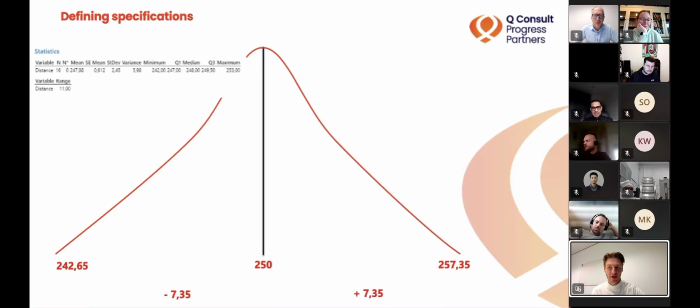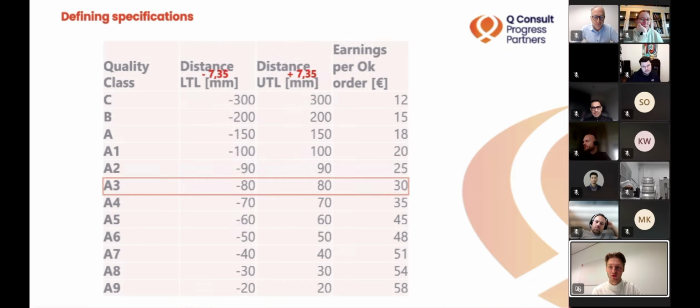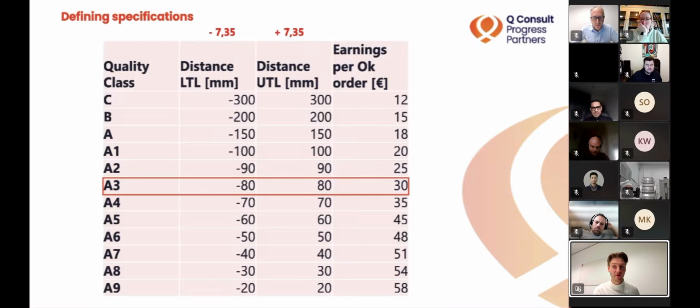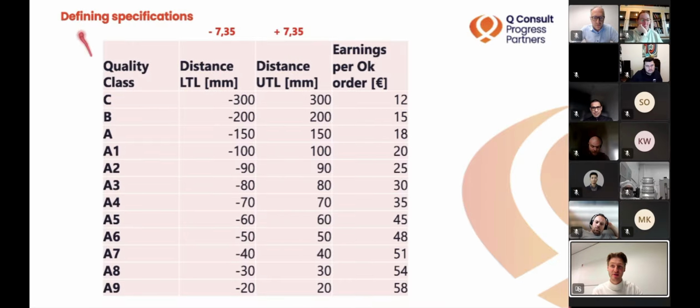Yeah. So what I did here is, I'm clicking too fast. Minus 7.35 are just 3 times 2.45, the same as here. So if I apply those rules to your quality levels, you can see here the quality classes that you use during your course.